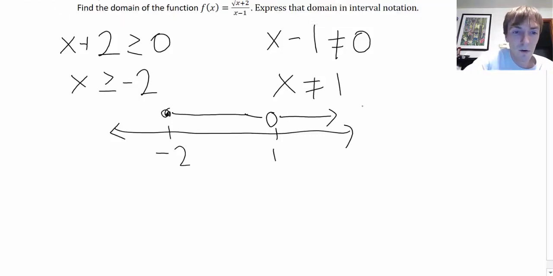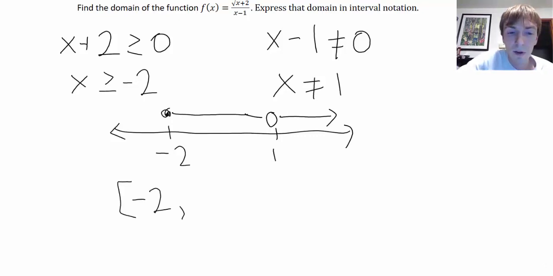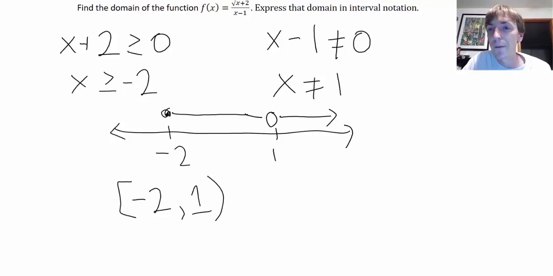Okay, so how do I express that? Well, it contains the minus 2, so I use brackets, but it doesn't contain the 1, so I need a parenthesis there.